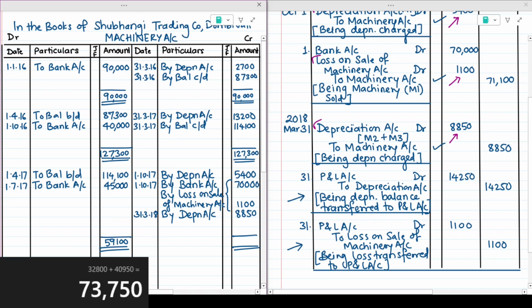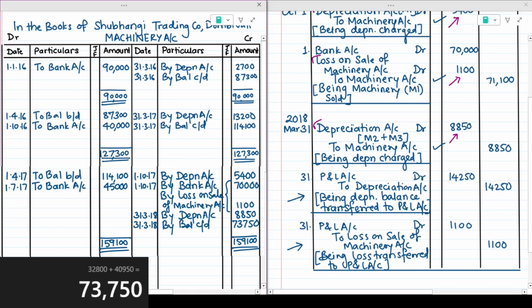This will give us 73,750, by balance closed down, and this amount we will carry forward on the next day, 1st April 2018, to balance brought down 73,750, and this amount matches with our WDV 73,750.